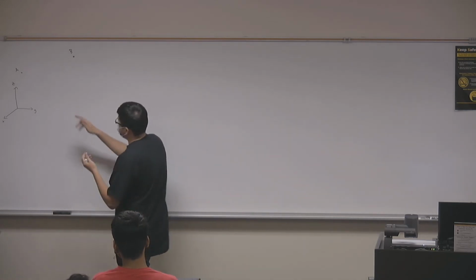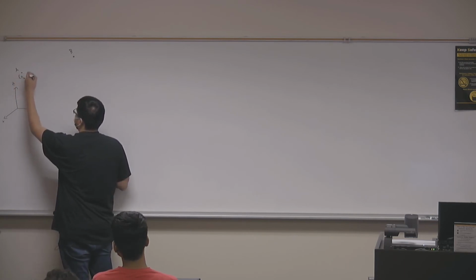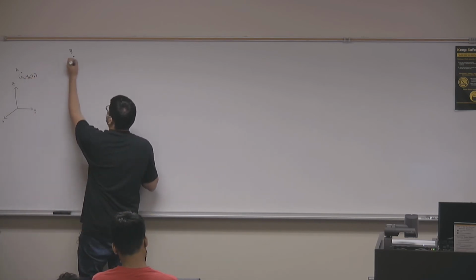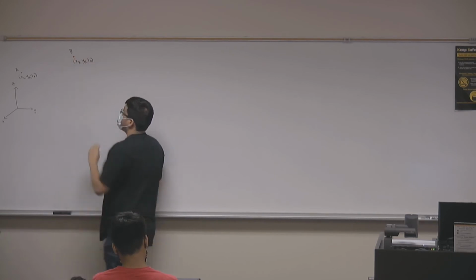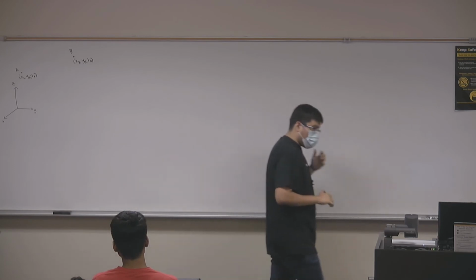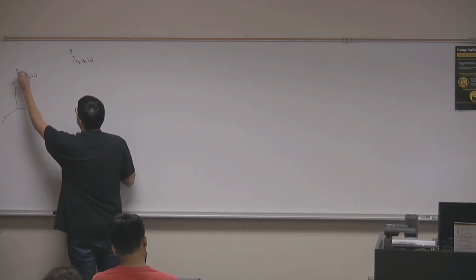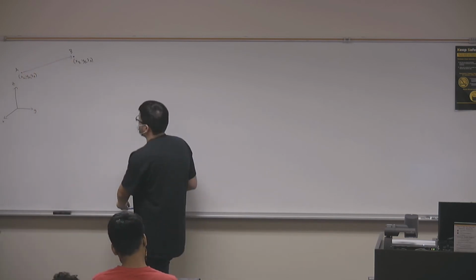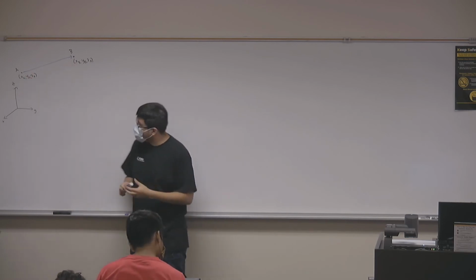So let's say that this point A is at coordinates xa, ya, and za. It can be whatever number you want to give it. And let's say that B is at coordinates xb, yb, and zb. If I want the position vector that travels from A to B, what I'm essentially asking you to give me is the direction of A to B. And it's actually pretty straightforward, right?